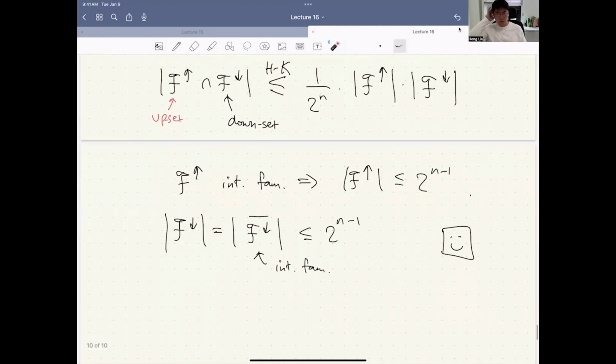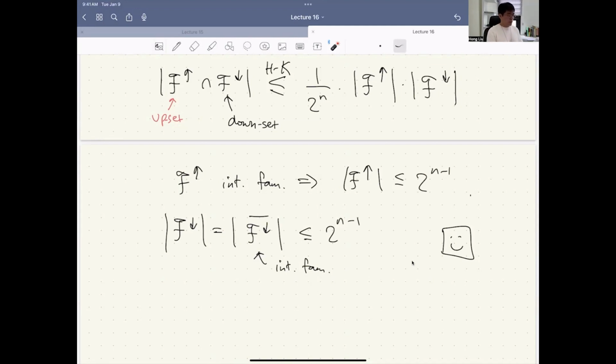Any question? This is all I want to say about the Harris-Kleitman inequality.